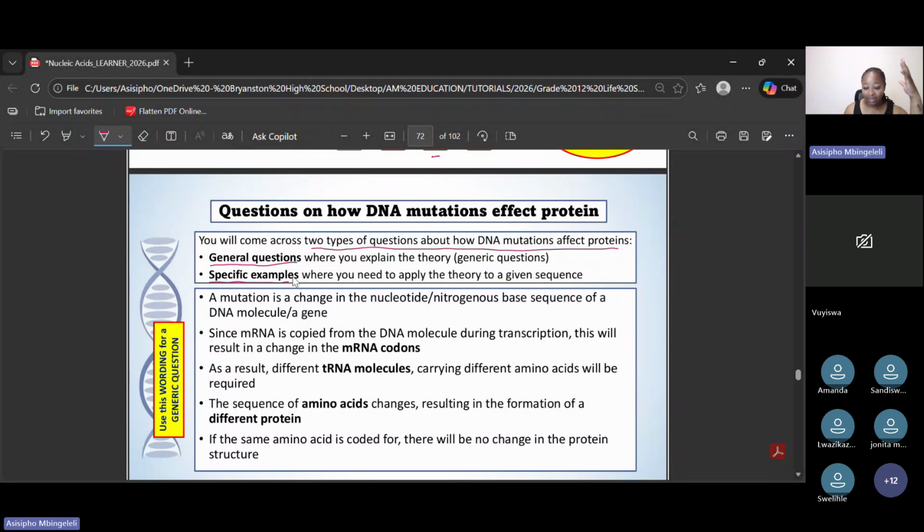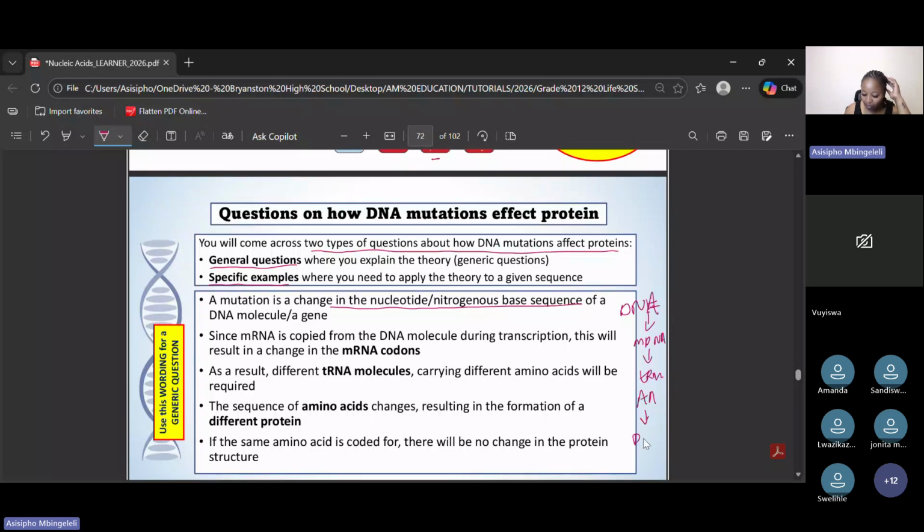So what is the order? The order is what I've written, and that's all you need to write. A change will occur in DNA. What exactly in DNA? It will be the change in the nucleotide or in the sequence of bases. When that change occurs, it will obviously affect the messenger RNA, then it will affect the transfer RNA anticodons, then affect the amino acid, and will ultimately affect the protein.